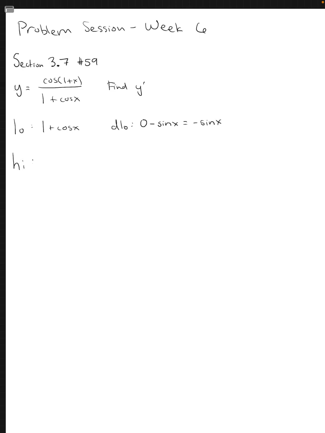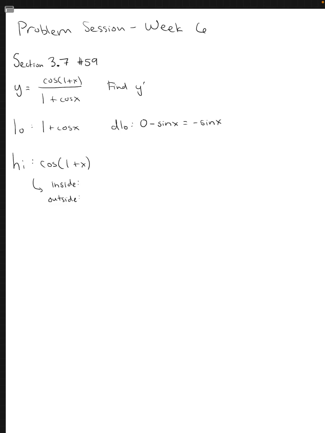The numerator, the high part, is cosine of 1 plus x, and this is where we're going to need to use another rule, and specifically the reason why it's in this section, we need to use the chain rule. So with the chain rule, that means there's an inside and an outside.